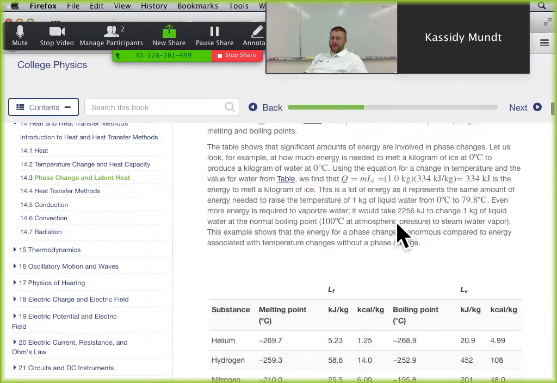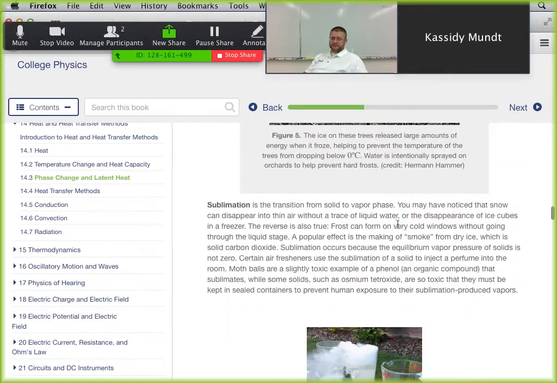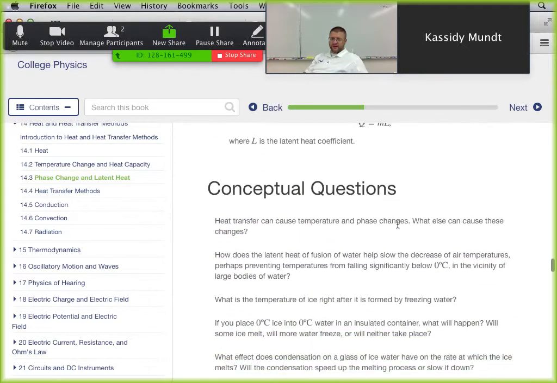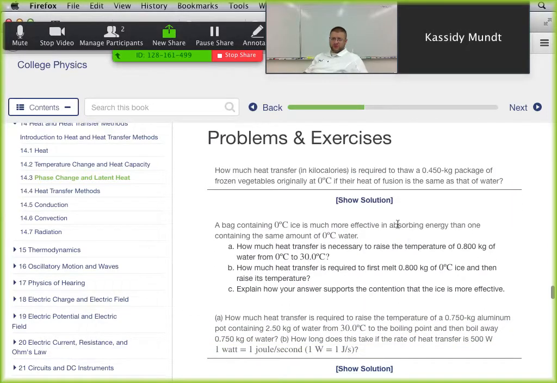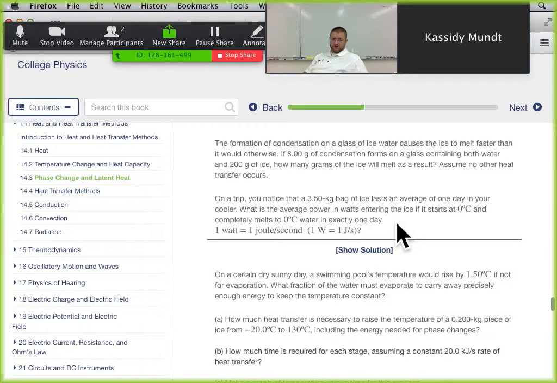Okay, the swimming pool. Swimming pool on a certain sunny day. The swimming pool's temperature would rise if not for evaporation.